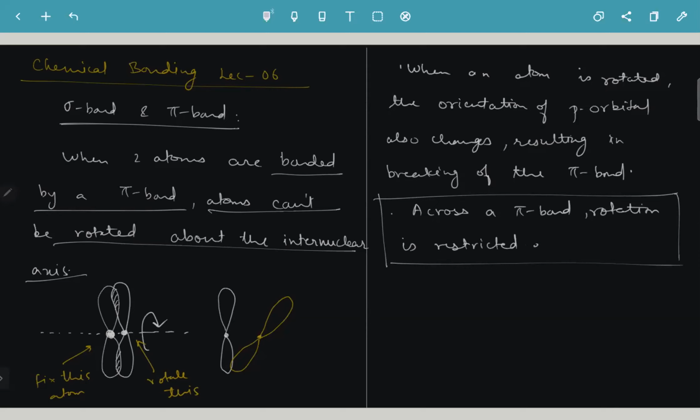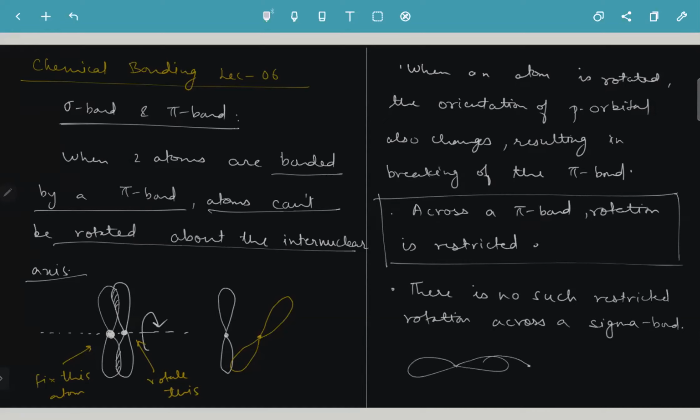Similarly, when atoms are bonded by a sigma bond, there is no such restricted rotation across a sigma bond.